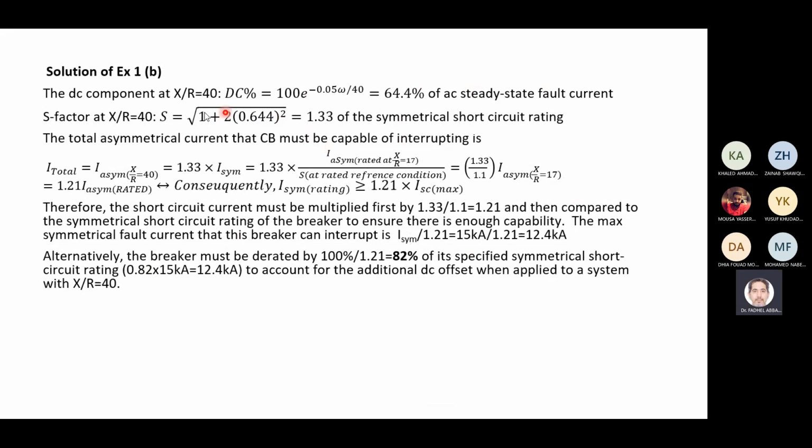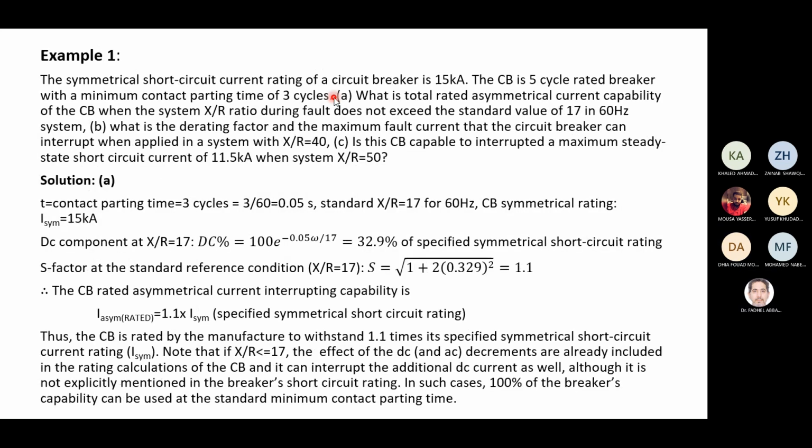So I have to calculate what the DC component will be at this X/R ratio, and also find the S factor for X/R ratio 40. Substituting X/R ratio 40 in this formula, the contact parting time is still the same, only 3 cycles, which corresponds to 0.05. 40 is an assumption. It has to be more than 17.